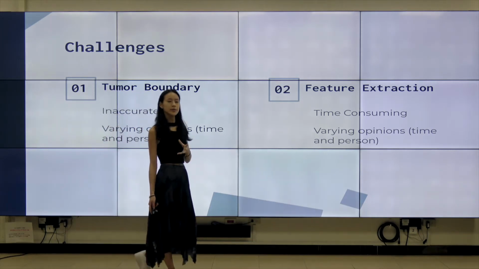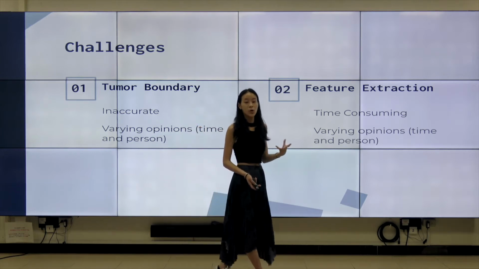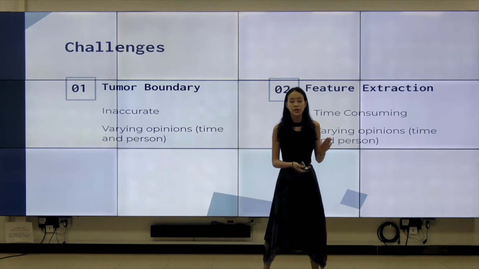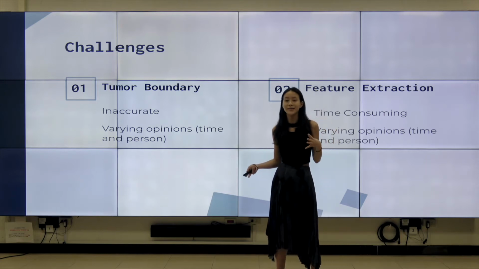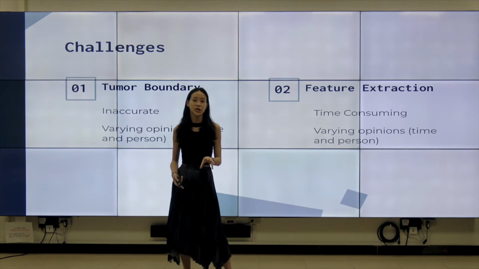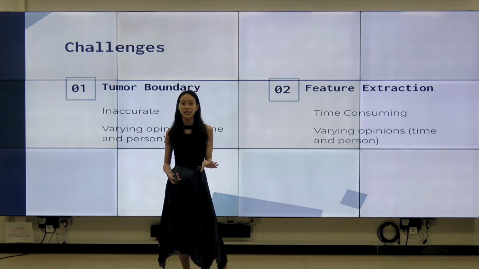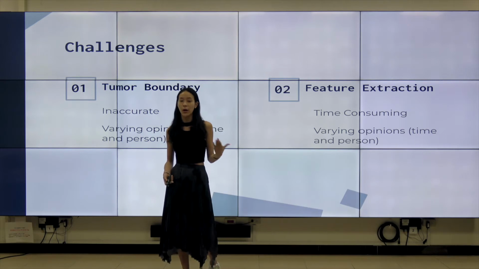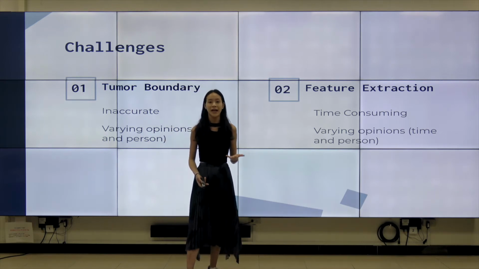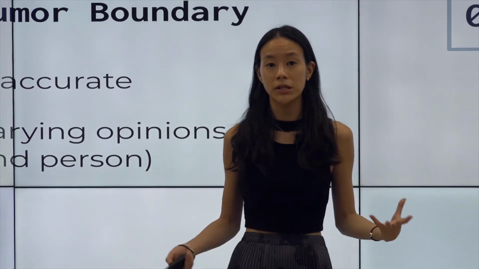The second part is feature extraction. A lot of the time we look into these MRI images, look at all the volumes, and determine all these surface areas, what exactly these tumors look like. However, each of these feature extractions can be extremely time consuming. You can imagine a doctor going through each scan individually to determine exactly what this tumor looks like.